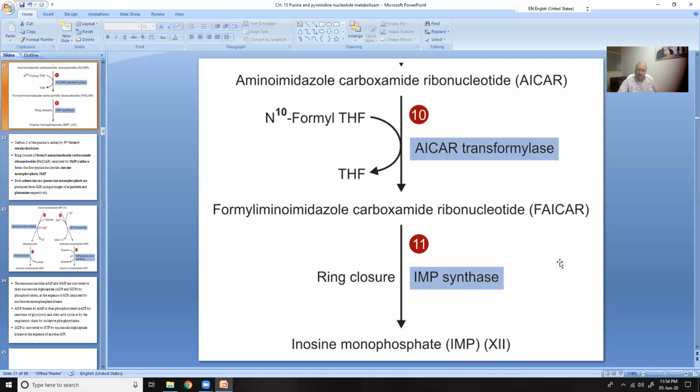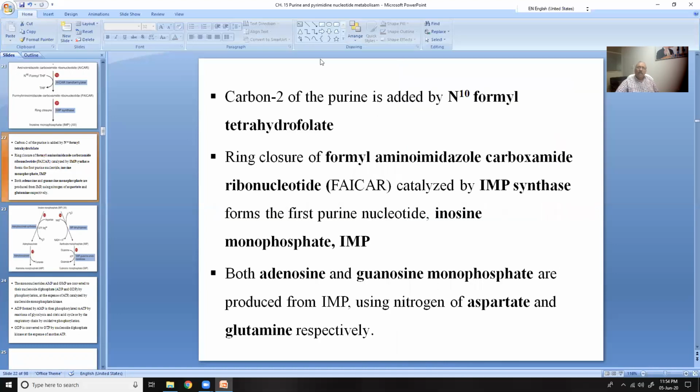Okay, carbon 2 of the purine ring is added by N10-formyl tetrahydrofolate, ring closure of formamidoimidazole carboxamide ribonucleotide catalyzed by IMP synthase forms the first purine nucleotide called inosine monophosphate, IMP. Okay, it is the nucleotide inosine. Both adenosine and guanosine monophosphates are produced from IMP using nitrogen of aspartate and glutamine respectively.